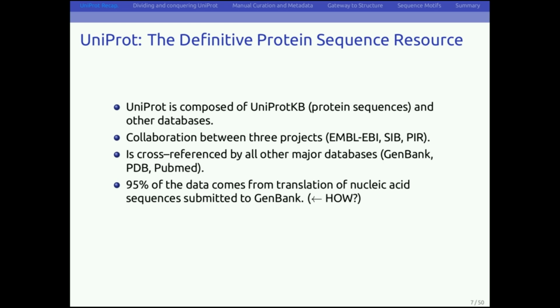Now, if you remember, we ran a small Python script last lecture, and you got to see a little bit about how this kind of translation can be done very quickly in a few lines of code.